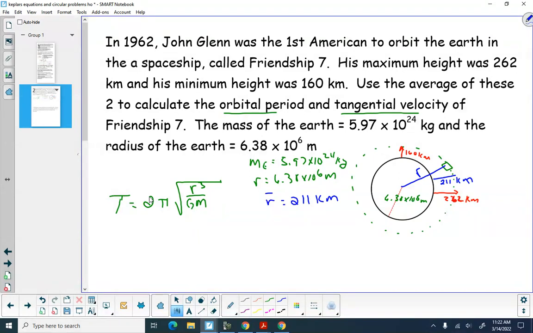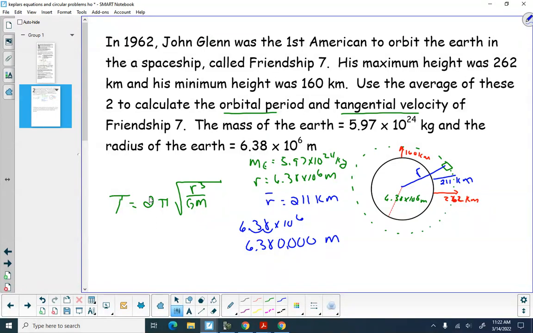So we have 6.38 times 10 to the 6 meters. We move the decimal point 1, 2, 3, 4, 5, 6 places, so we have 6,380,000 meters.